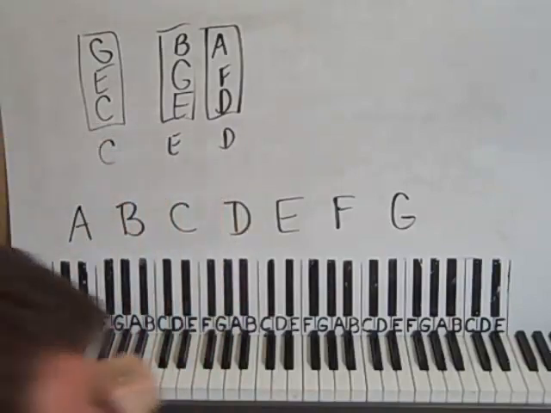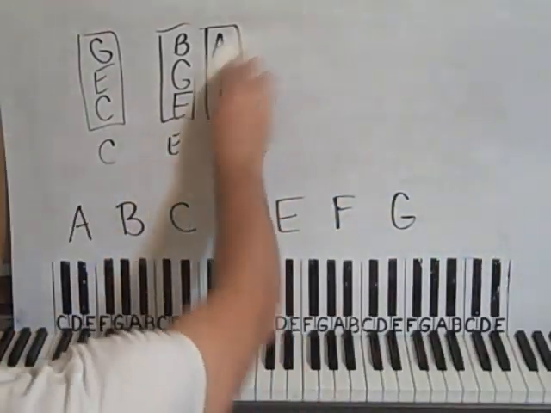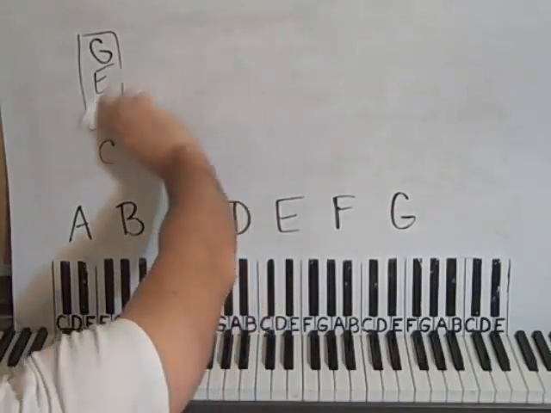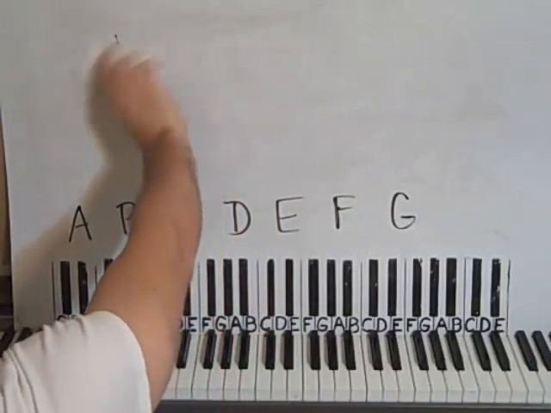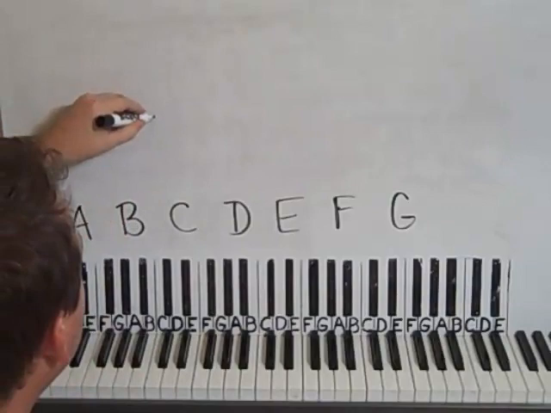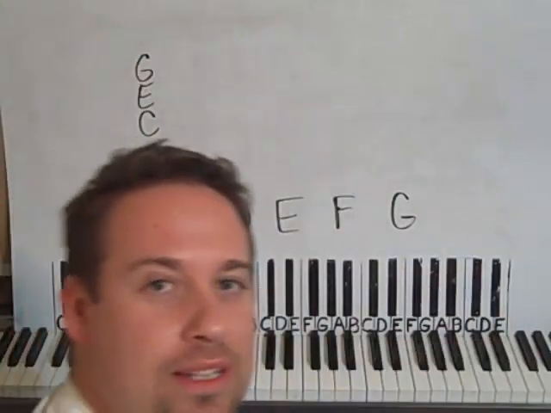Now you may wonder, let me get my eraser here, about flats and sharps. You say, well, there are different types of C chords, different types of E chords. That is true, but it does not change the name of the chord. Like if I take a C chord, and someone says a C minor chord.